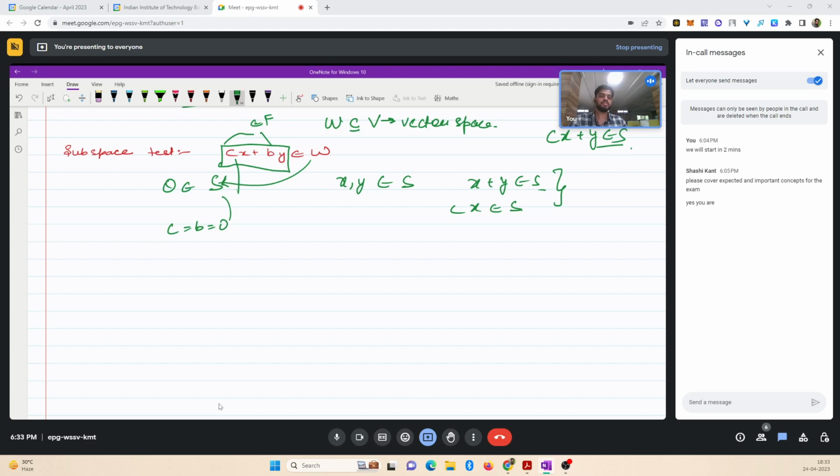Then you just need to check this thing, that Cx plus By belongs to that set for all C, B in the scalar set, which can be F if we generalize this, and then x, y belonging to W.